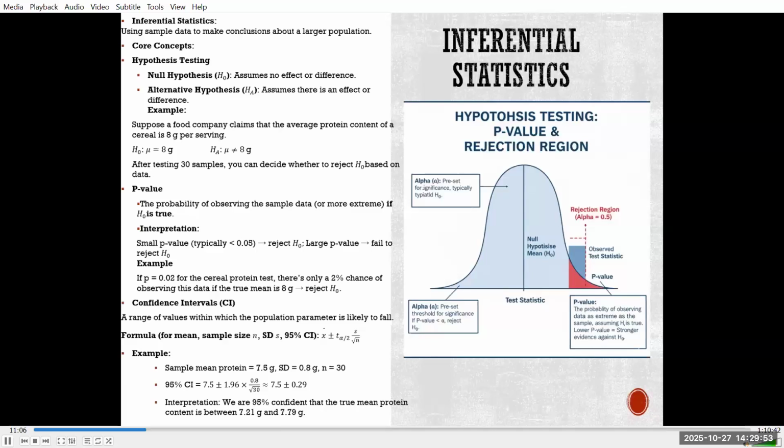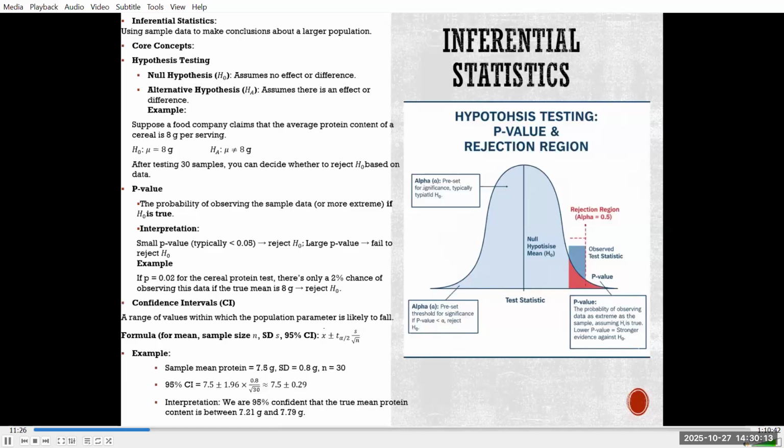There are three key parts here: hypothesis testing, p-value, and confidence interval. In hypothesis testing, we check whether an effect or any difference is real or just due to chance.